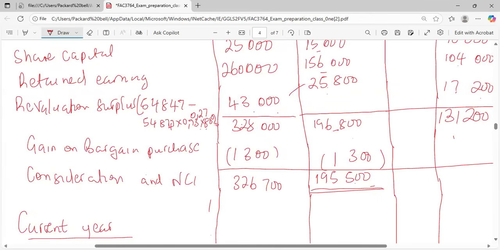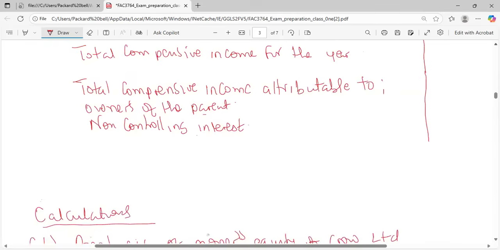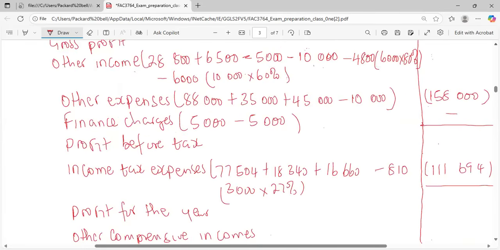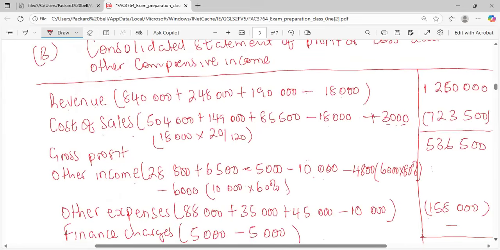So we can now take it to our calculation, to our profit and loss. So we were saying other income, then we can now say plus 1,300 here. That is going to be your C3.